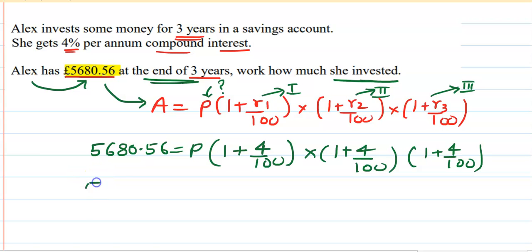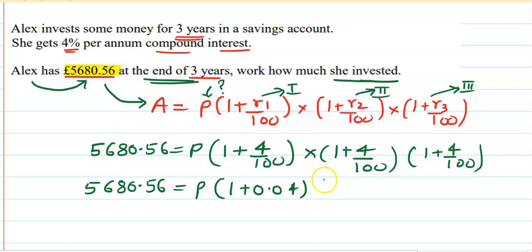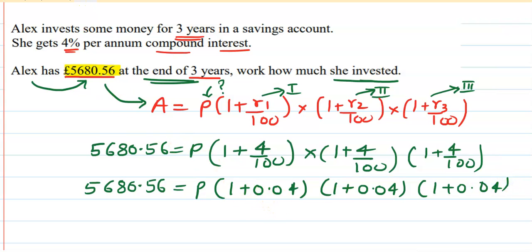So we can write down 5680.56 equal to P times 1 plus 0.04, and this is also 1 plus 0.04, and this is also 1 plus 0.04. If you add 1 plus 0.04, it will be 1.04.